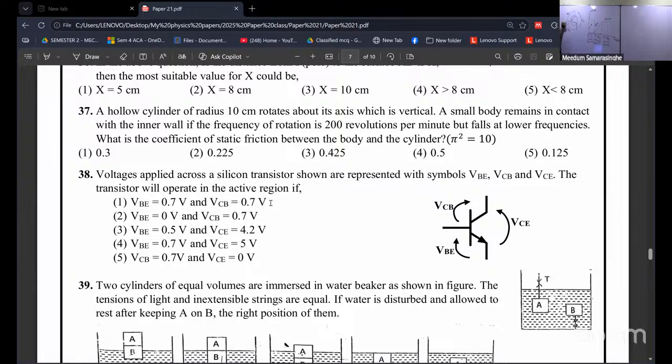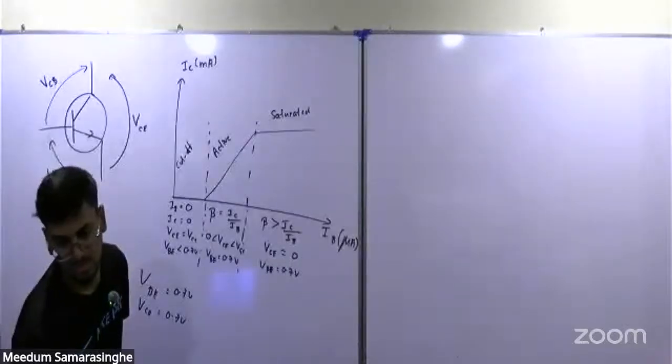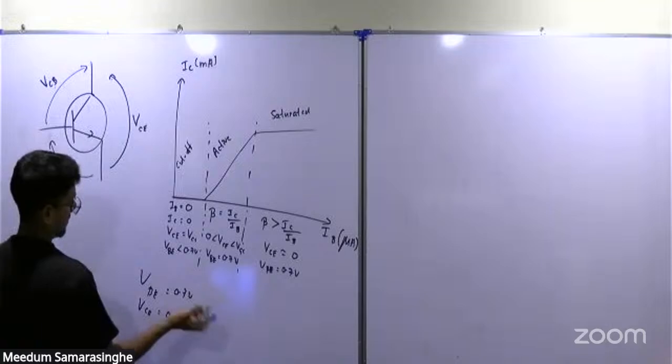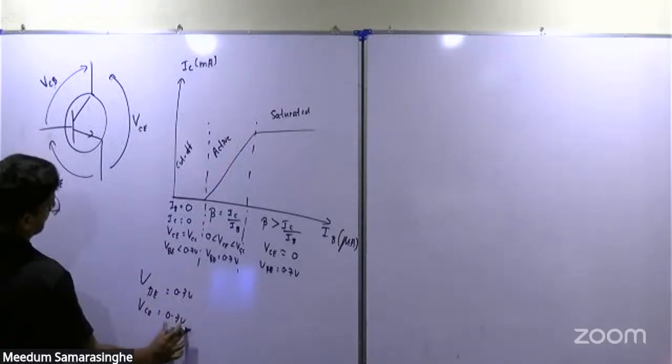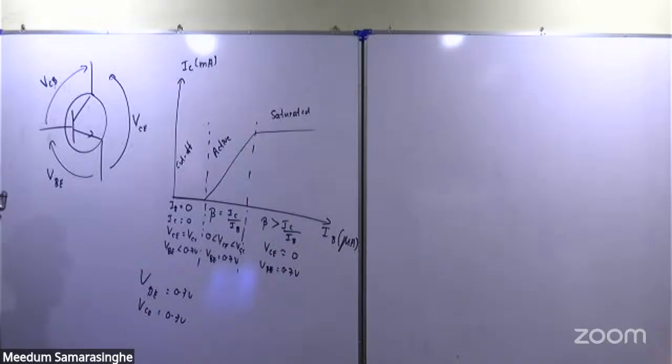In the first case, let's assume for the first answer, they have given VBE is 0.7 volt and VCB is 0.7 volt. Okay. In the first answer, VBE is 0.7 volt, VCB is 0.7 volt.